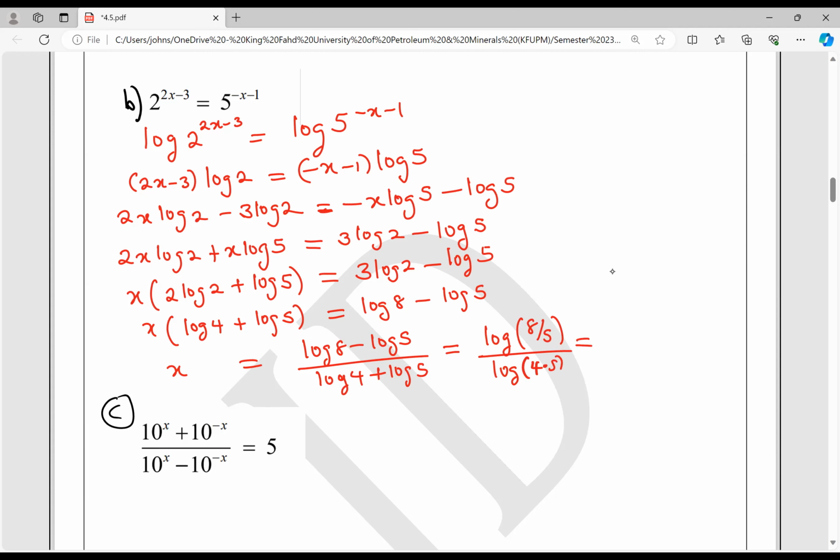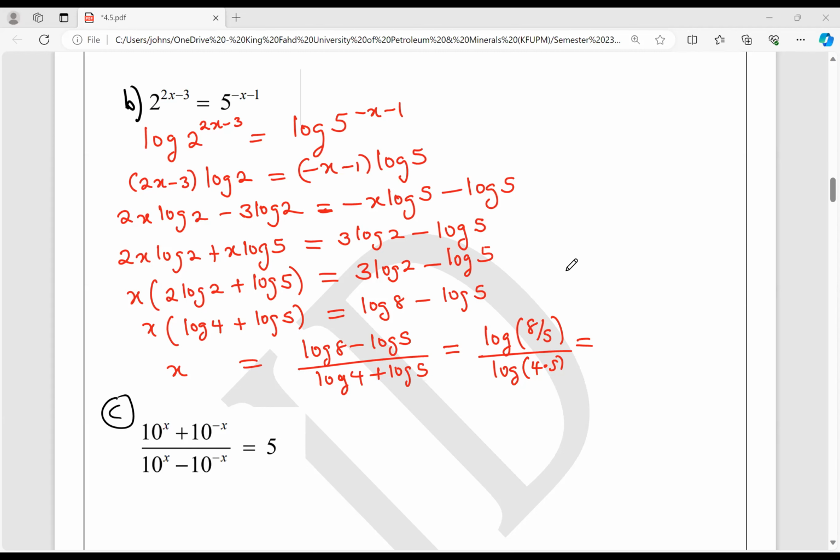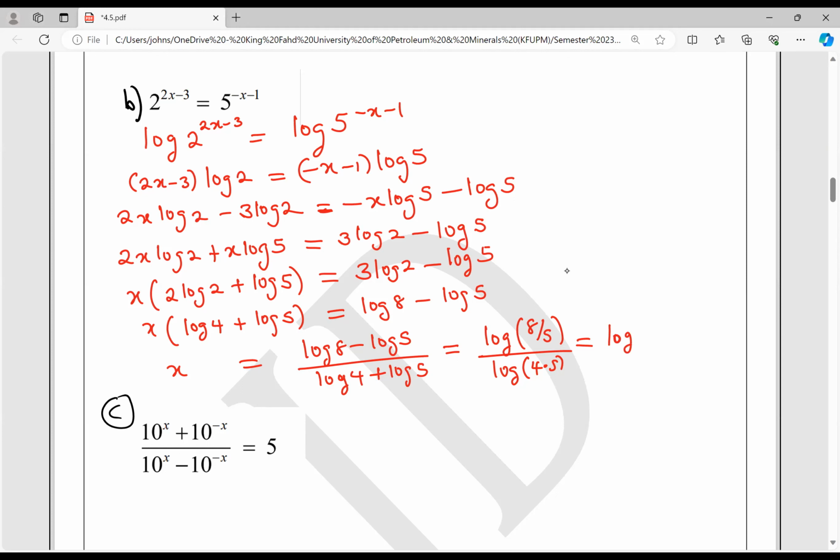And now this is just log of 8 over 5 over log of 20. But remember, everything is base 10. So the final answer is just going to be log to base 20 of 8 over 5.